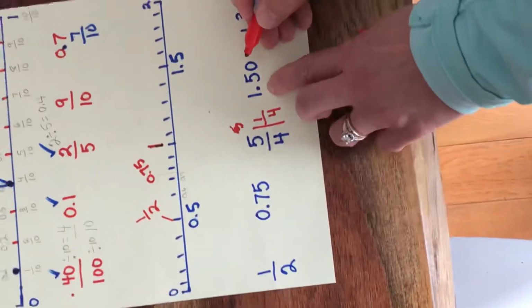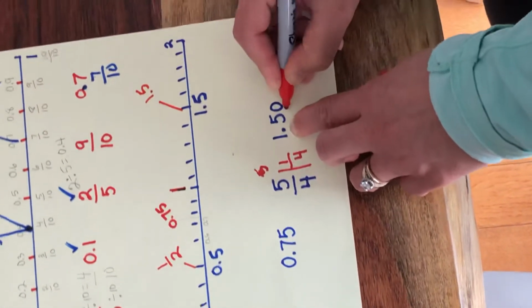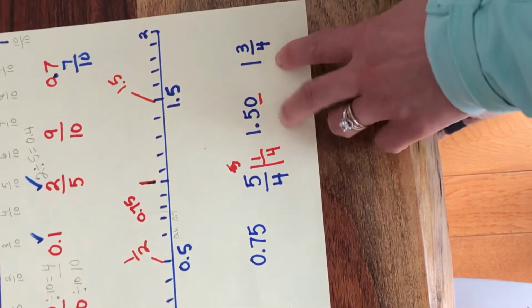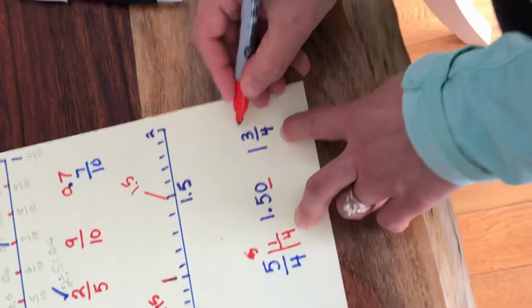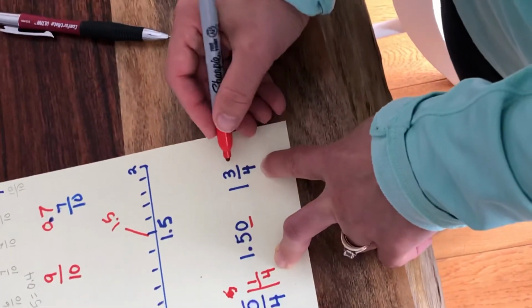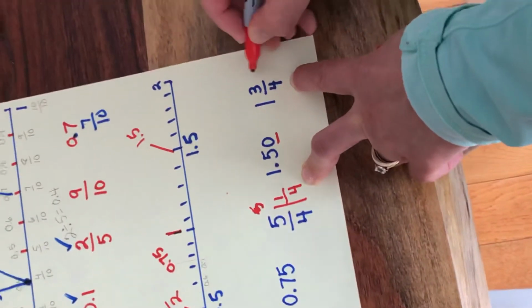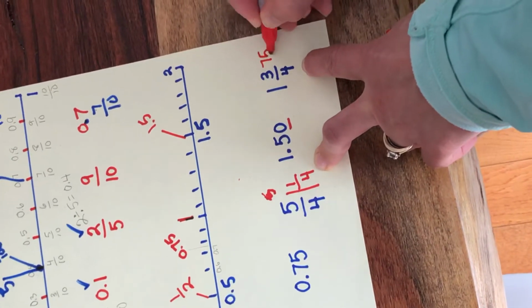And 1/4. Let's go to 1.50 because that's easier to explain. So 1.5, the 0 is just a placeholder, and 1 3/4. So this 3 divided by 4, you think of it like quarters in money, okay? That would be 75 cents, right? So that would be 75.